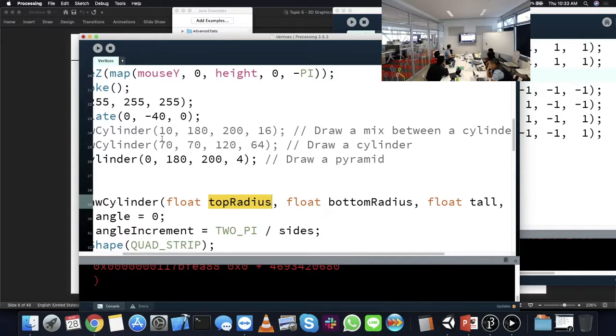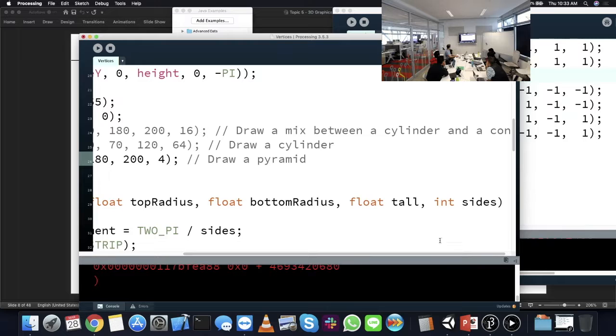In the first example of the cone, the top is 10 and the bottom is 180. So it has a small top and a large bottom, and that's why we have that cone shape. For the cylinder, the top and the bottom are the same size. And for the pyramid, the top was 0, so effectively it comes to a point, and the bottom is quite large. Then the third argument is tall, so how high it is.